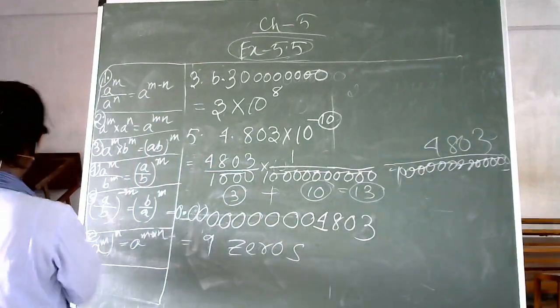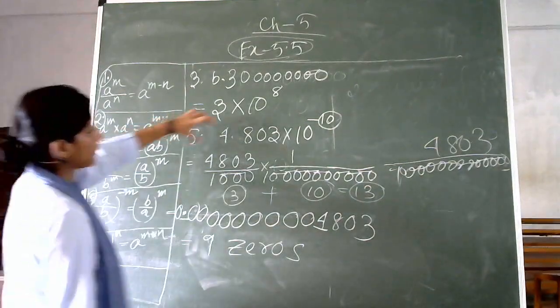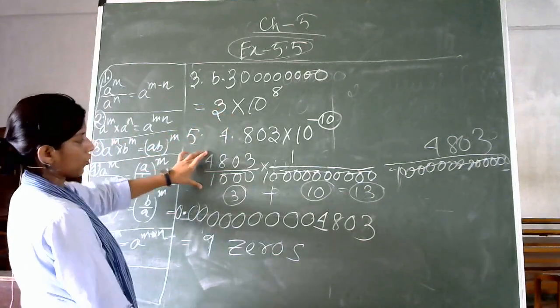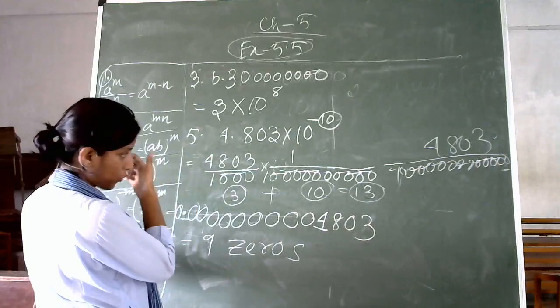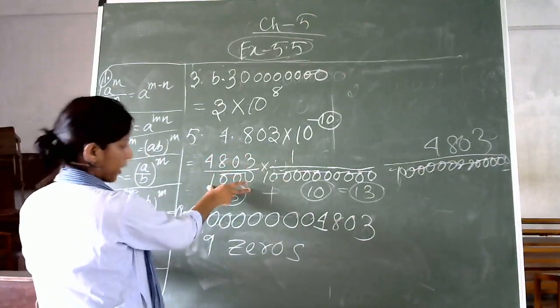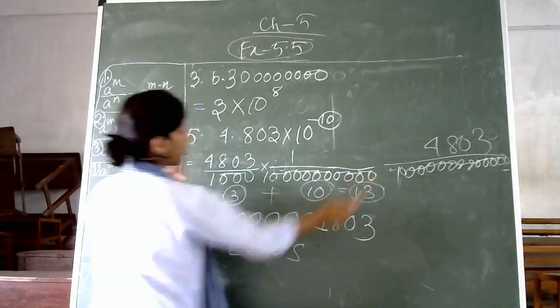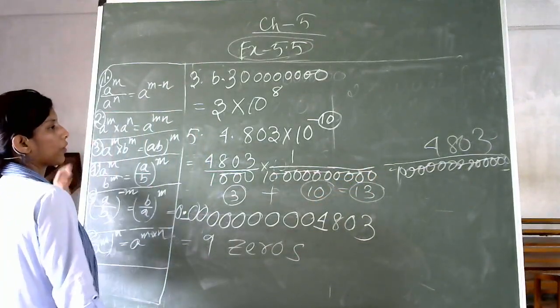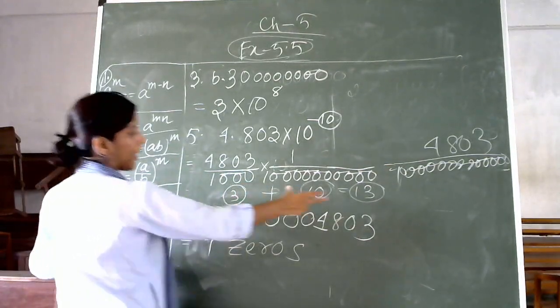Alright. So first what you have to do, whatever the number is given, you have to convert it into a fraction. So this will be easier for you to understand. After you convert it into a fraction, you compile all the zeros or all the digits you have in the denominator. I have 3 digits over here and here I have 10 digits.